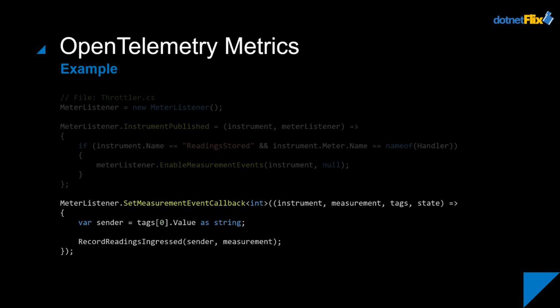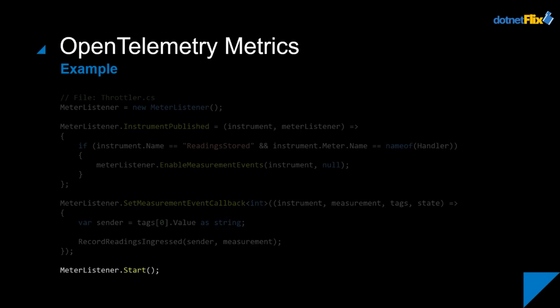I'm doing this because I want to be able to apply some throttling logic if a specific sender is ingressing or storing a lot of readings and is, for example, DOSing my system. The last thing you have to do before you can actually start listening to the measurements that you make is to start the meter listener.